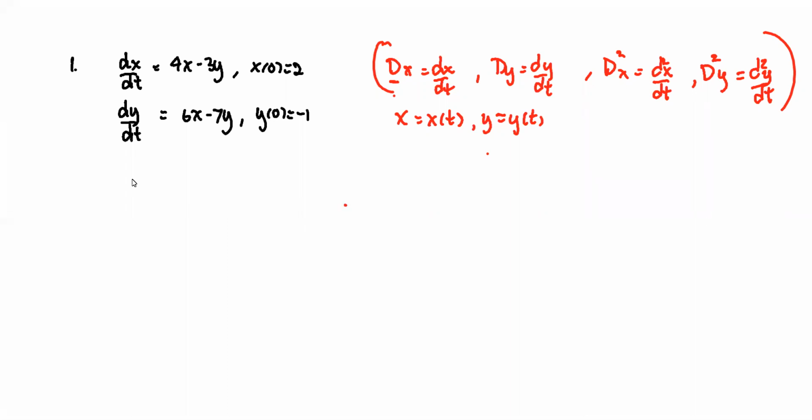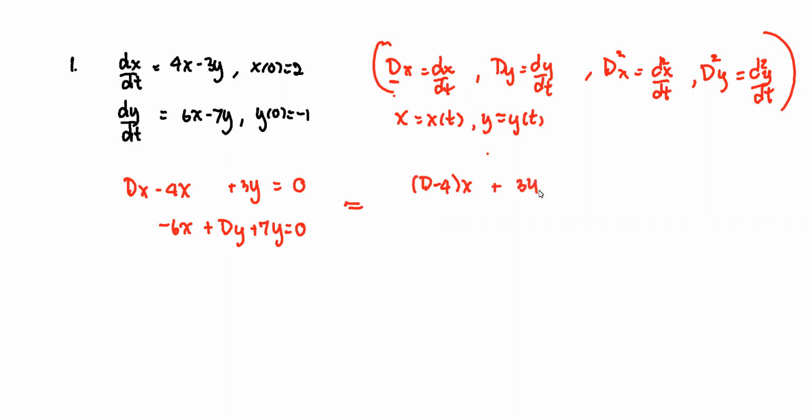So the first equation becomes Dx minus 4x plus 3y equals 0. And the second equation becomes negative 6x plus Dy plus 7y equals 0. We write it as (D minus 4) of x plus 3y equals 0, negative 6x plus (D plus 7) of y equals 0.